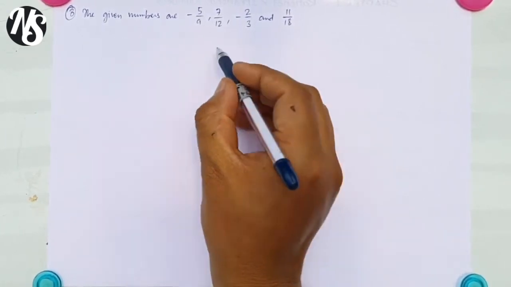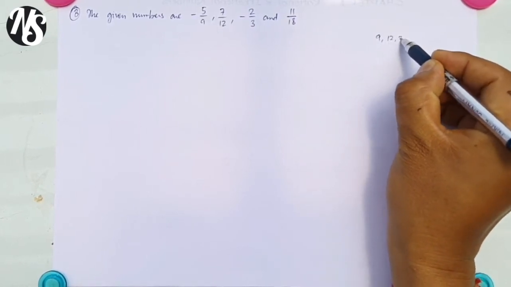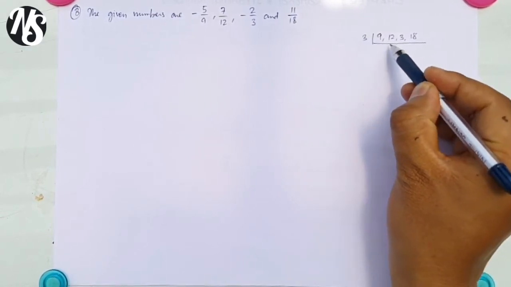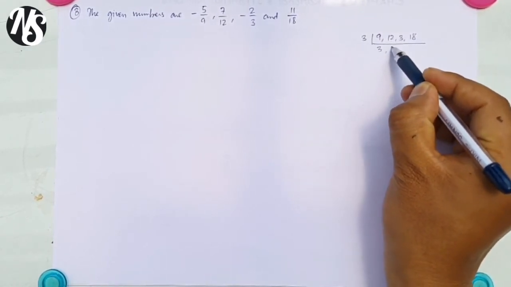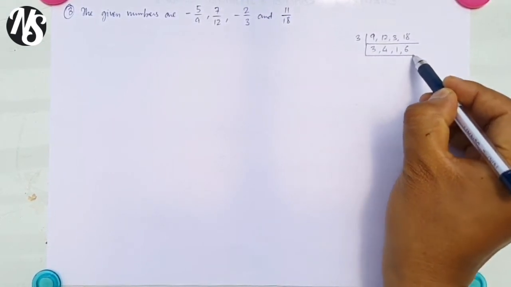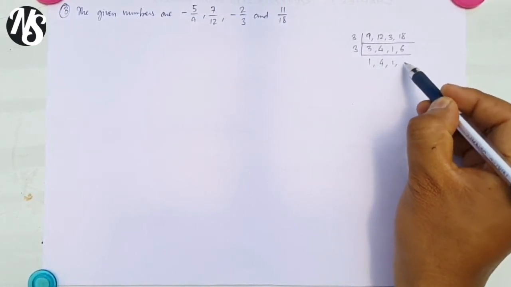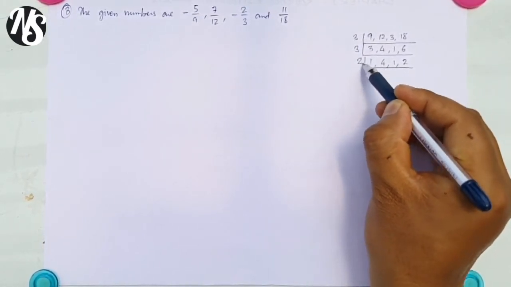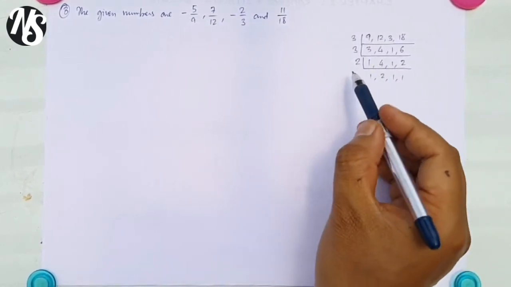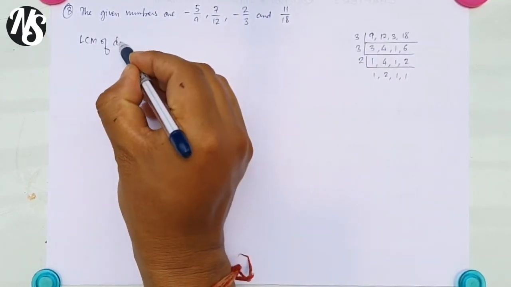Let's do that in rough. We have 9, 12, 3 and 18 as the denominators. So let's find the LCM. 3 3s are 9, 3 4s are 12, 3 1s are 3, 3 6s are 18, again with 3. 3 1s are 3, 3 2s are 6, so with 2, 2 2s are 4. Okay, so let's see the LCM of denominators.